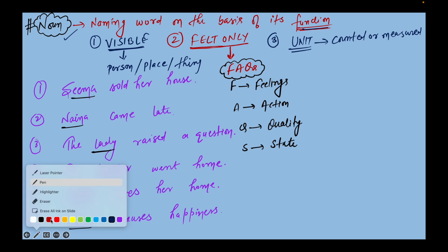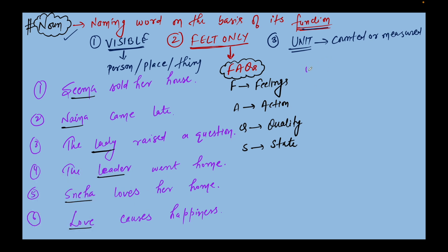The last one, which is the fourth one, is noun equivalent. Noun equivalent means something which can be used as a noun.